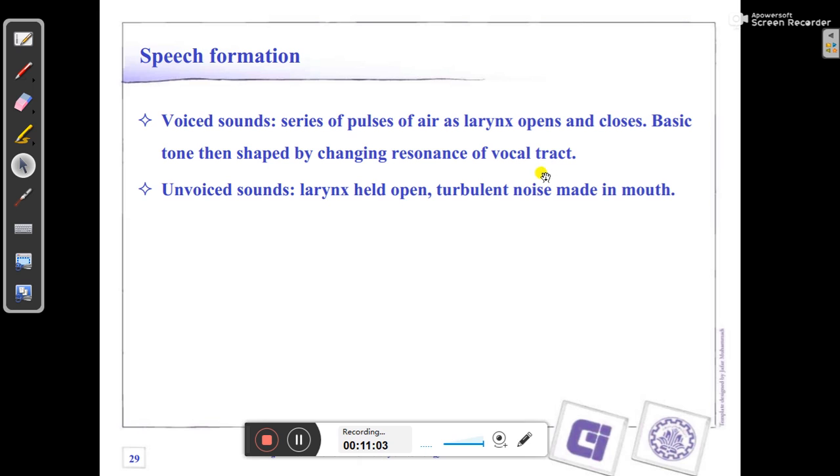The basic tone is then shaped by the resonance of the vocal tract. For unvoiced sound, the larynx is held open and turbulent noise is made in the mouth.